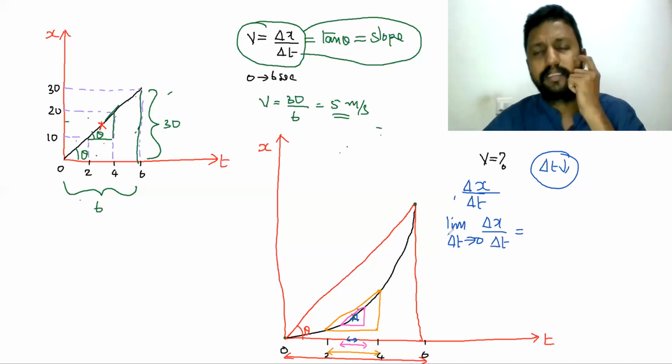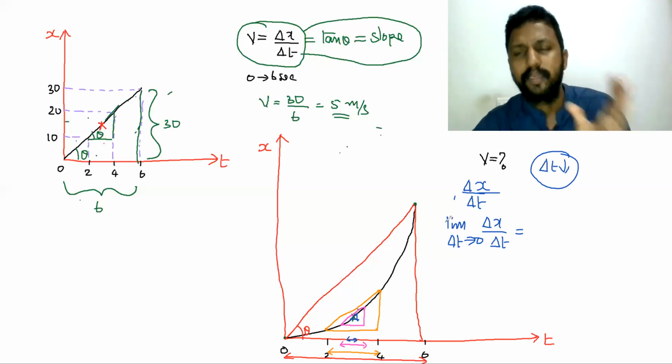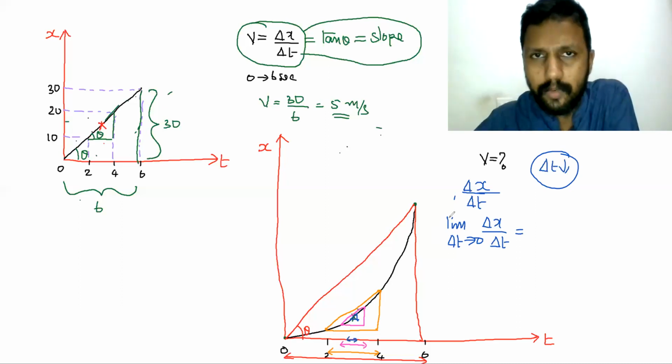I'll repeat this. This you will be learning in your +1 maths, but not now, in some 6th or 7th chapters. But we are requiring this in math, the physics.